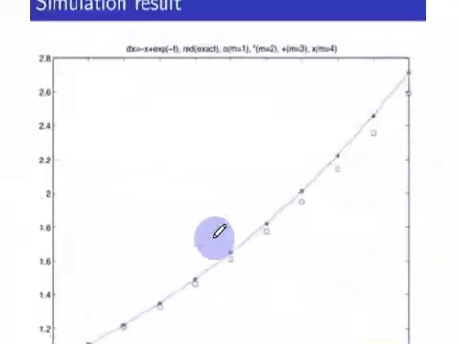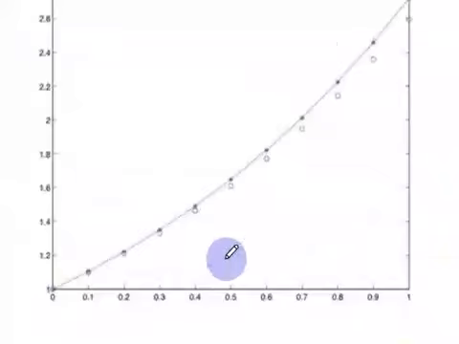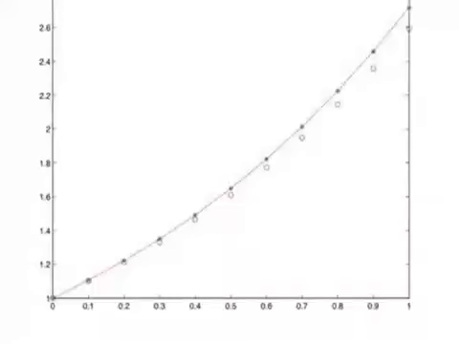The solid red line represents the exact solution, and the curve with circles represents the first order approximation, and the other one with dots.